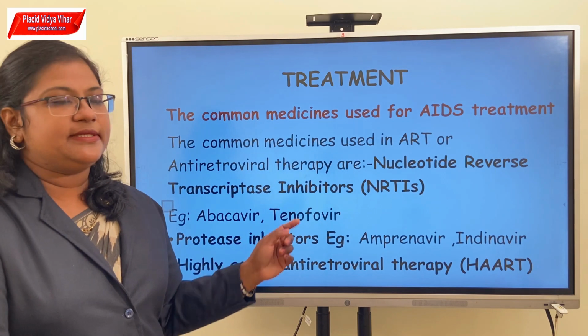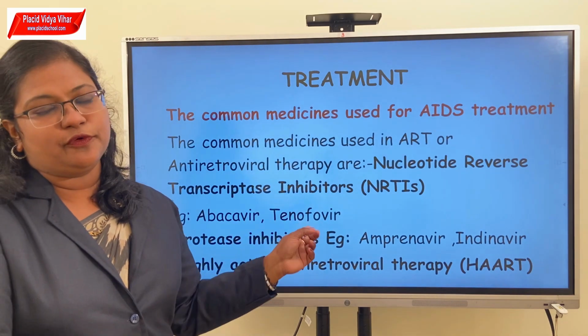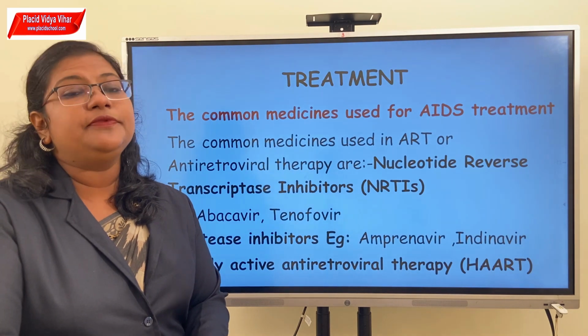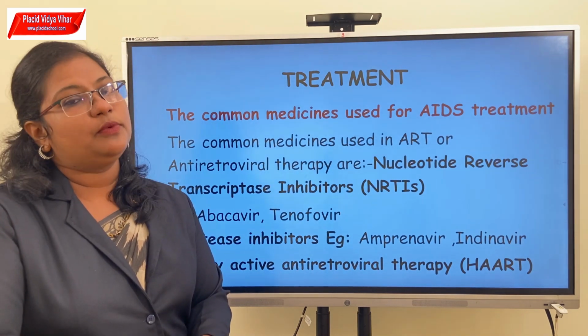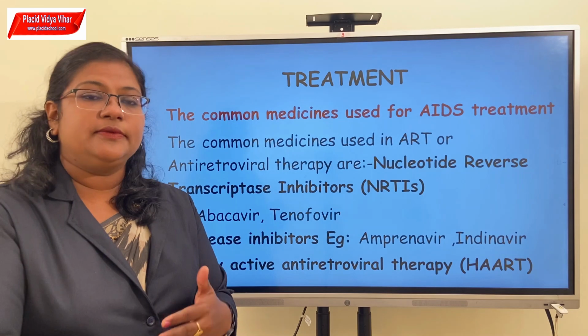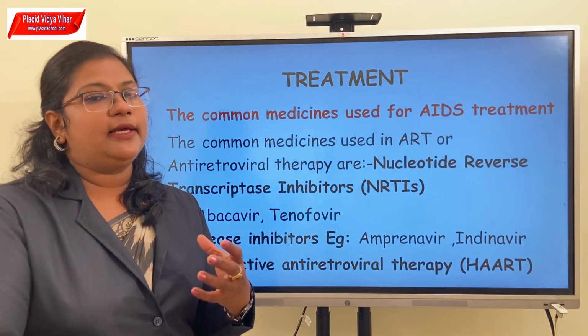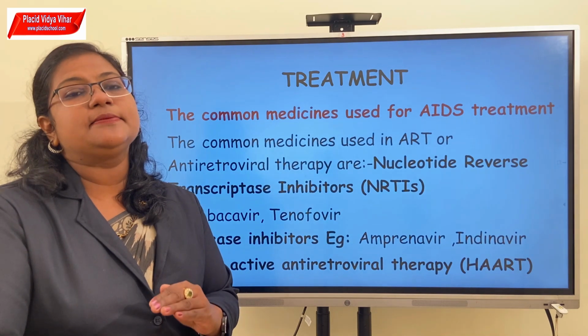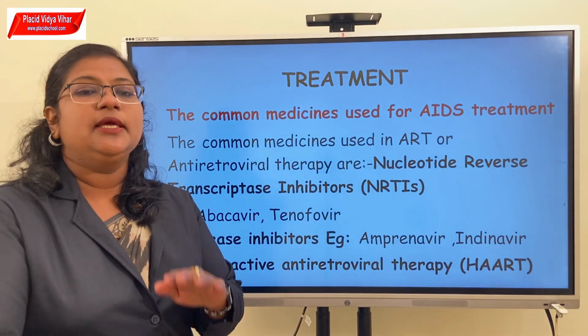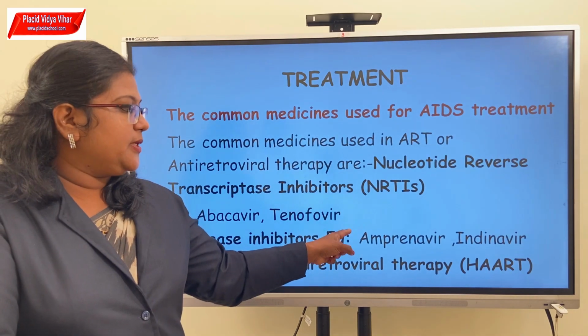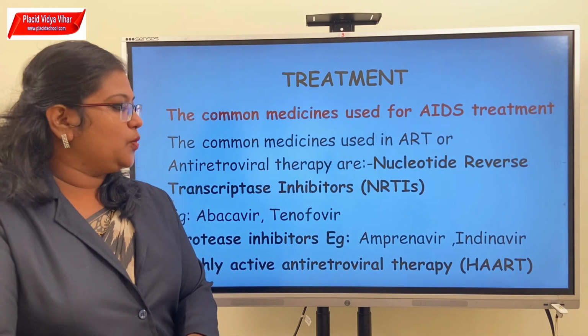You can see a couple of examples like abacavir, tenofovir, etc. Also, some other drugs may cleave the protein components of the virus when it infects the cell. You know that as viral infection proceeds, it produces viral proteins. So these proteins can be cut off by using protease inhibitors like nelfinavir, indinavir and so on.